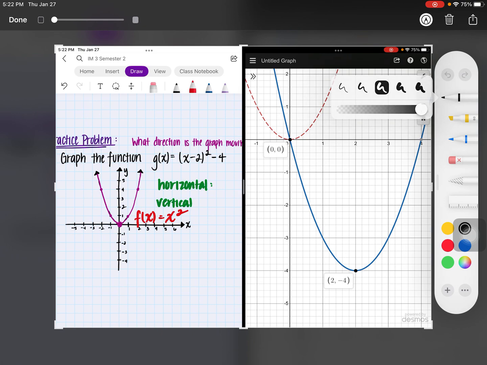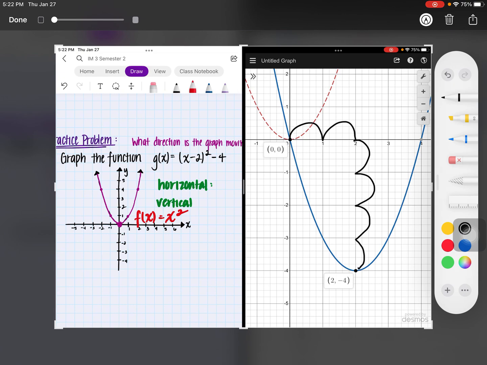We moved 2 spaces to the right, which is 1 and 2, and then 4 spaces down. So our horizontal shift here would be 2 to the right and 4 down. So that's what I'm asking you there.